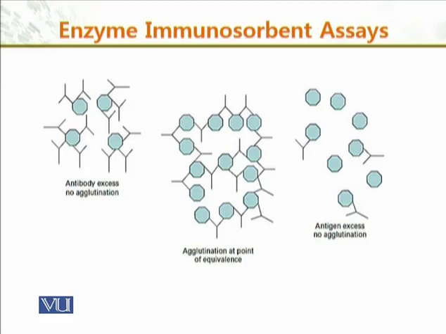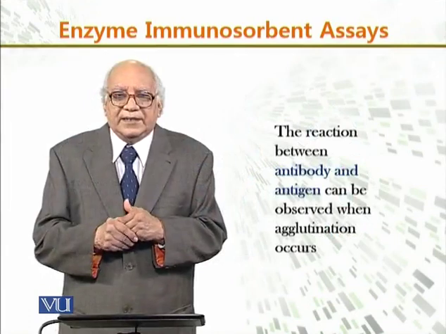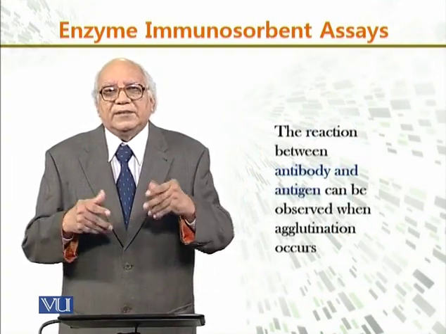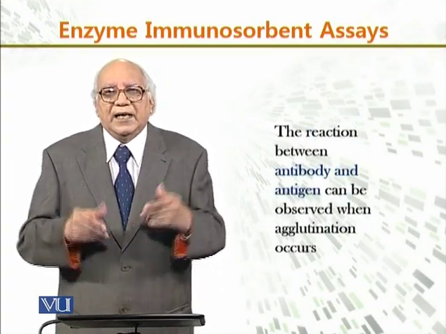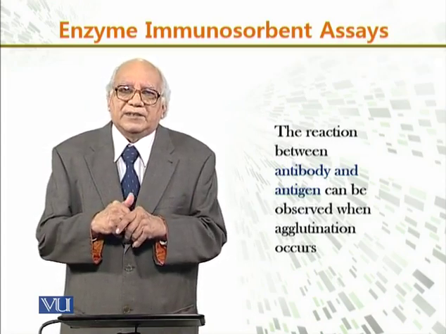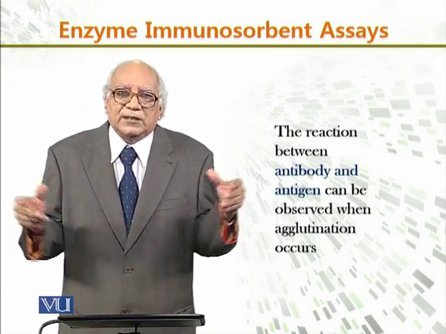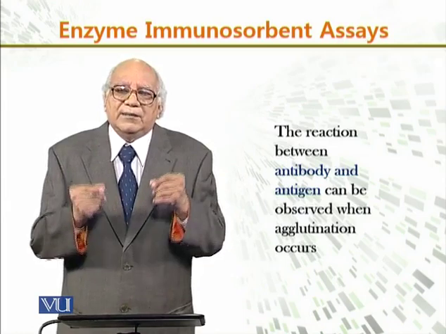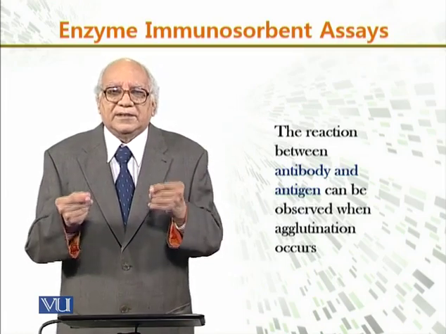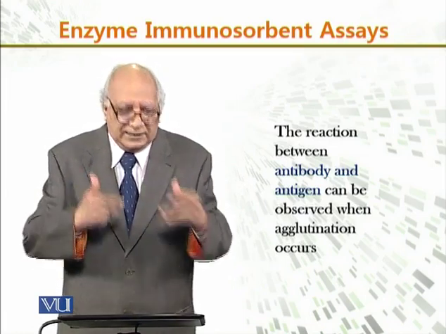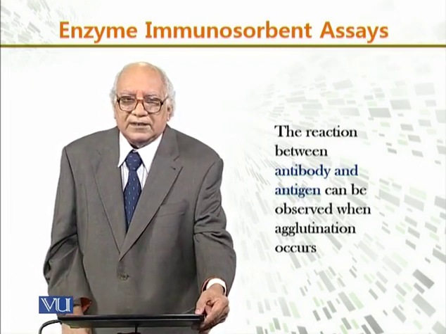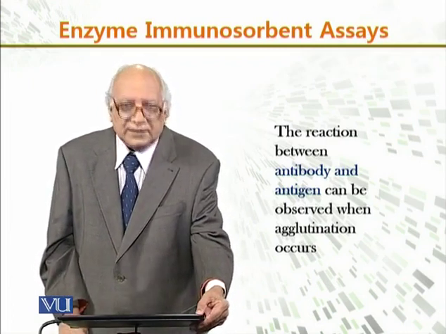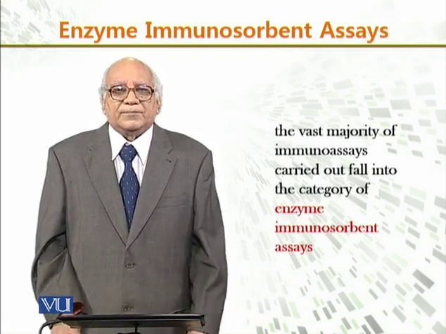The reaction between antibody and antigen can be observed when the agglutination occurs, as I have described earlier. Agglutination is a method to determine the concentration of antibody or the concentration of antigen, vice versa.